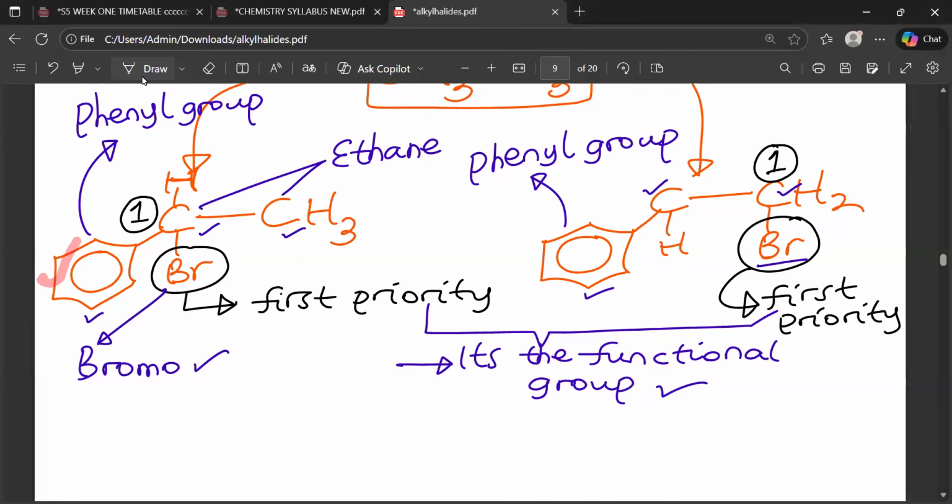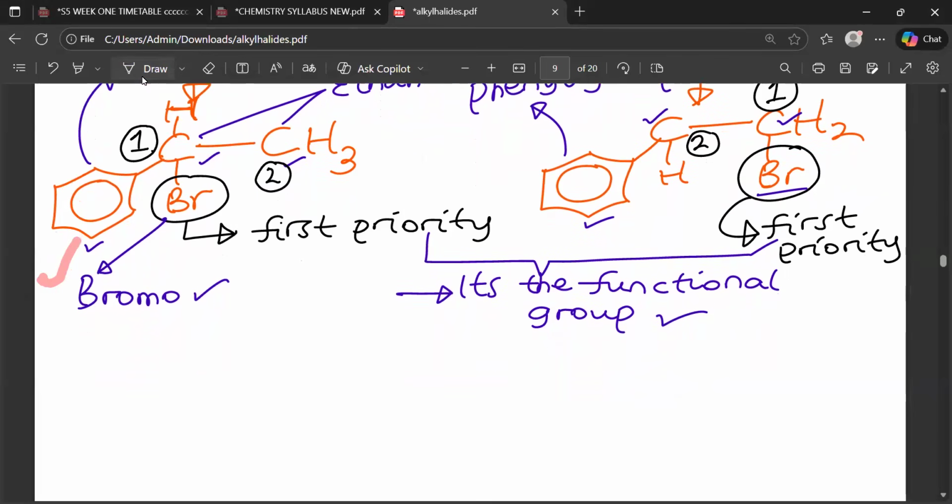Yes, you're right. Because for the first case, if this is carbon 1, that means this is carbon number 2. For the second case, if that is carbon number 1, this is carbon number 2. And you all know B comes first, then P, according to the alphabet.